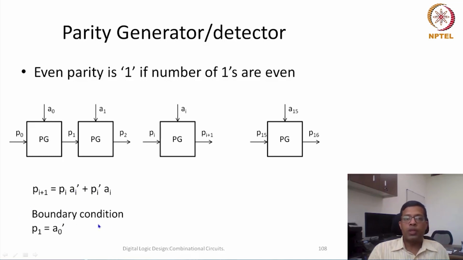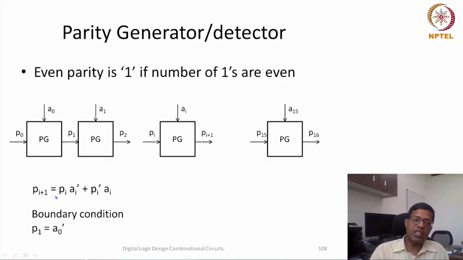I'll repeat. It happened because we consider 0 as an even number, so p0 would be considered as even parity, and that's why p0 would become 1.